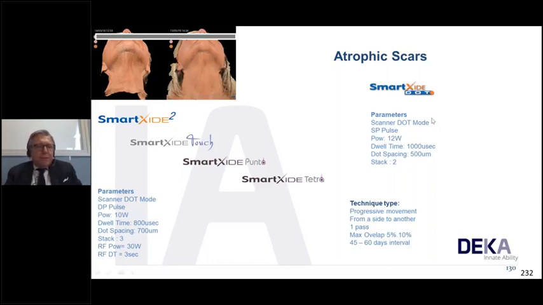You see on the left, DP pulse, 10 watts, 800 microseconds as dwell time, 700 microns, stack 3, 30 watts as radio frequency, and 3 seconds of dwell time for radio frequency. On the right, as with the previous, we used scanner dot mode with SP pulse, power 12, dwell time 1000, dot spacing 500 microns, and stack 2.